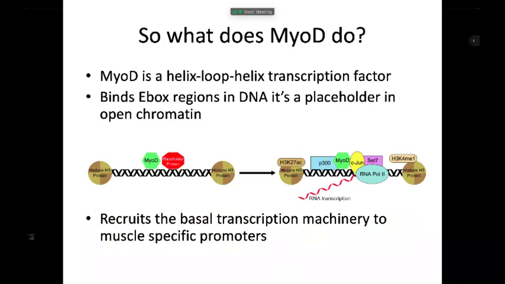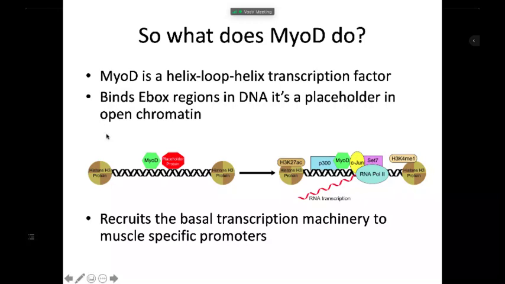So what does MyoD do specifically? Well, MyoD is in the family of helix loop helix transcription factors. It binds E-box regions in the DNA, which can be thought of as placeholders in open chromatin.